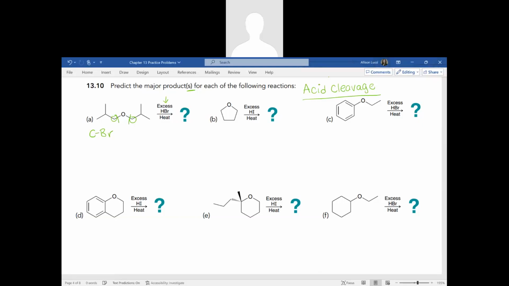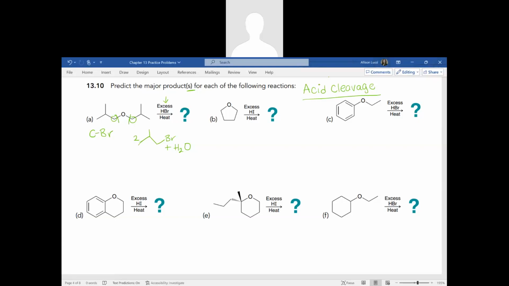So what we expect to have our product looking like is, since this is a symmetrical starting ether, the result will be two alkyl bromides that are identical. So they would look something like this. And we would also have water as a product. So we'll have rather two of these alkyl bromides and then water. So that's our predicted products for reaction A.